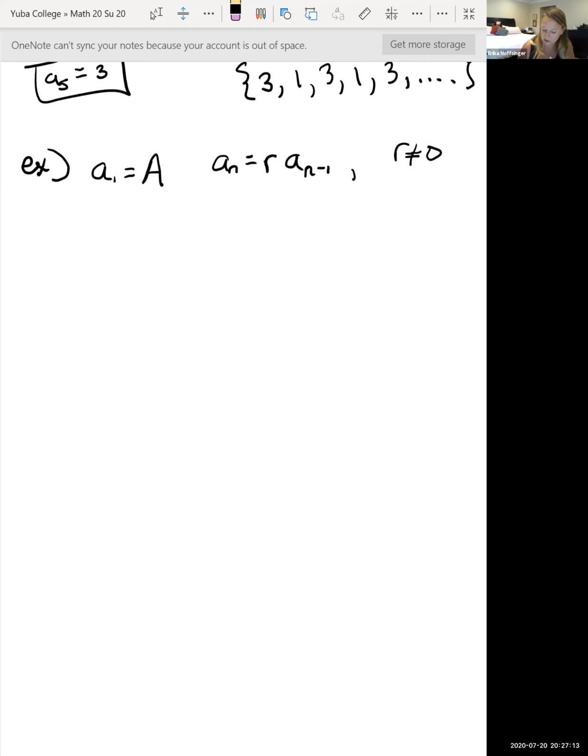Okay, so again, we want to look at a sub 1, the first 5 terms. And so we're going to go back in here, and wherever we see an n, we're going to plug in 1. So this is equal to r times a sub, actually, we already have a sub 1. If you notice, that would give us a sub 0. We need to look at a sub 2.